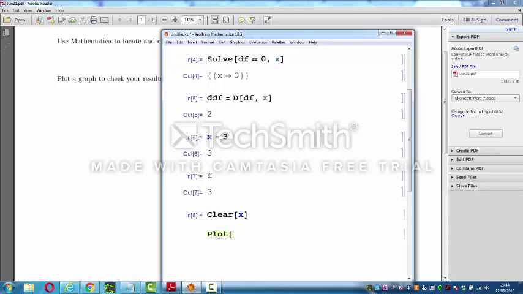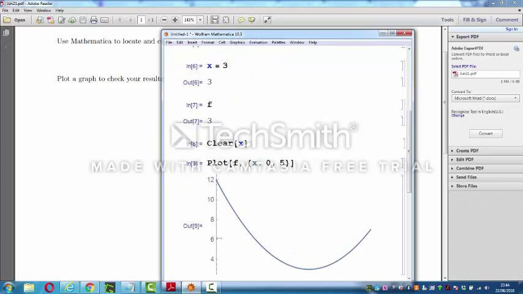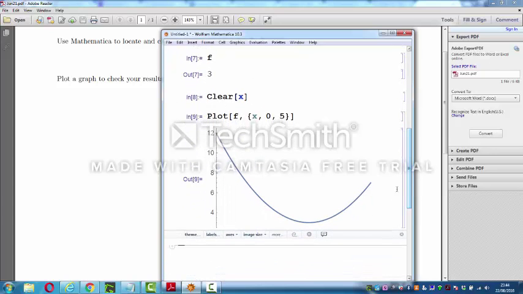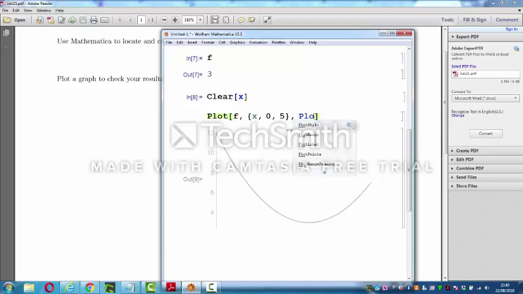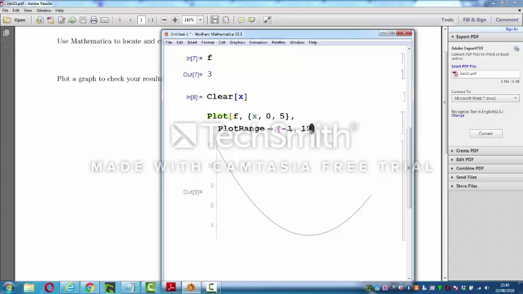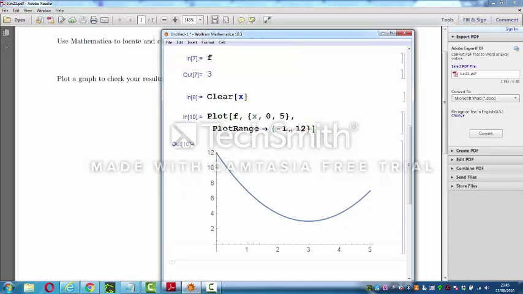So when we plot f as a function of x between, say, x is 0 and x is 5, here is the curve that we come up with. X along the way, f up the way, and let's just put in a plot range from -1 up to 12.